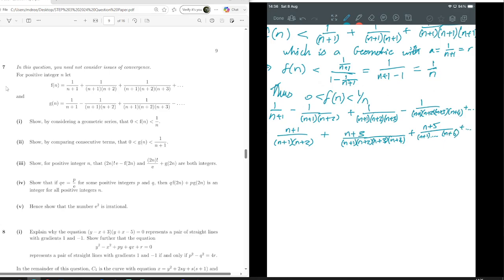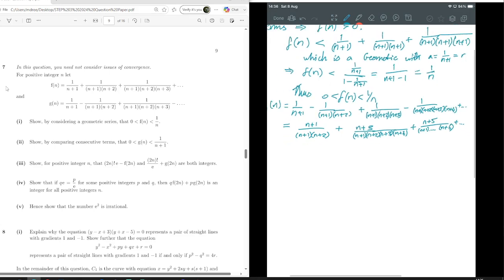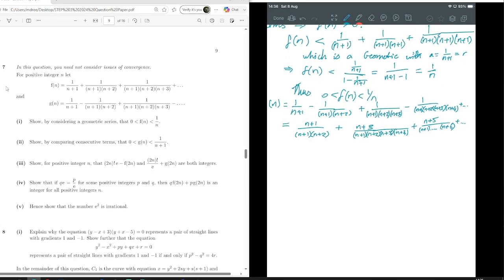So I've kind of spotted the pattern to see what's going on, and now something cancels, which I don't know whether I like them cancelling, because it's kind of taking out quite an obscure term, but I'm going to do it anyway. So this is going to be 1 over n plus 2.